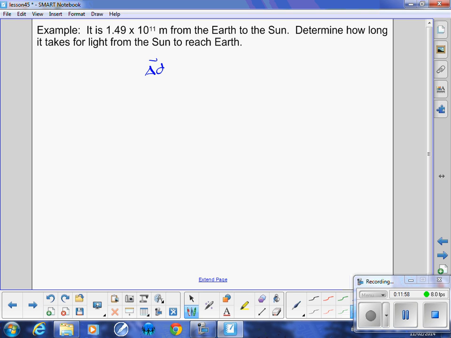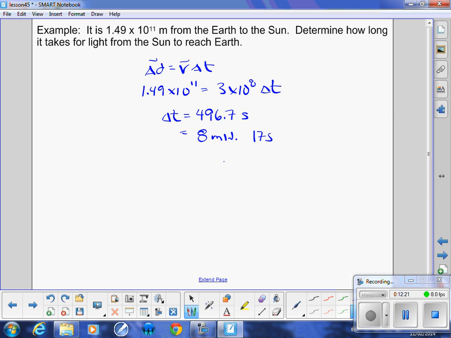Well, we know delta D equals v delta T. So we have 1.49 times 10 to the 11th equals 3 times 10 to the 8th delta T. When you calculate that in seconds, we get 496.7 seconds, which is 8 minutes and 17 seconds. So when you are looking at light coming from the sun, it's actually not the light that was just generated, it's 8-minute-old light, which still works the same. New light, old light, same thing.